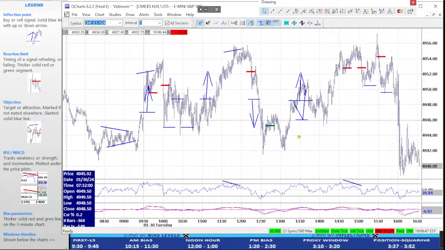Objectives. Notice how the blue solid line is slanted. That's going to be a level that maybe in real time, just kind of calling an audible as prices are developing, or noting that there was some relevance to that area.